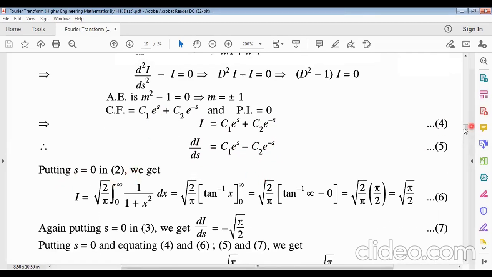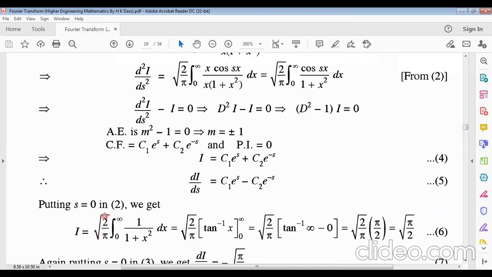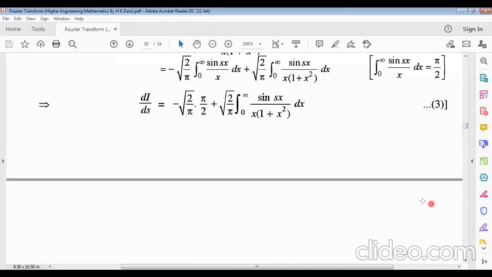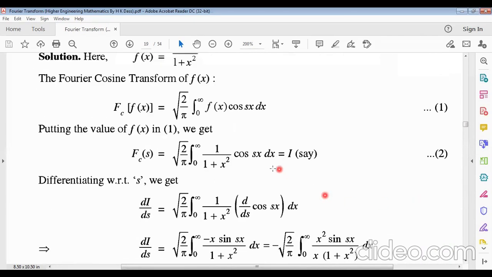Now putting s equals to 0 in equation 2, that is in I equals root over 2 by pi, integral from 0 to infinity of 1 by 1 plus x square cos sx dx, cos 0 equals 1.